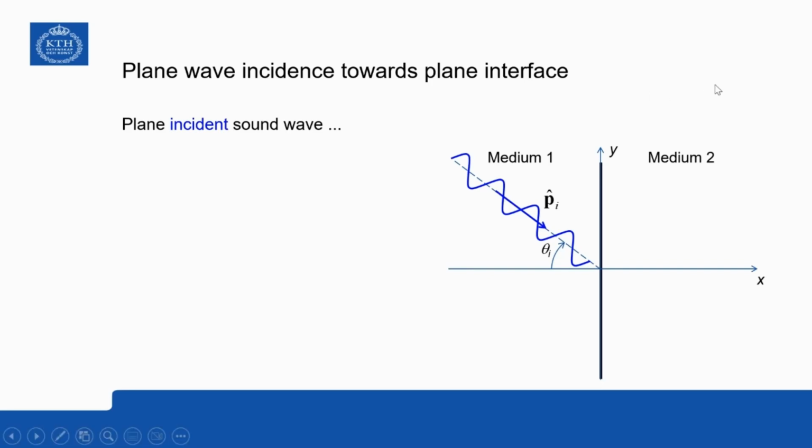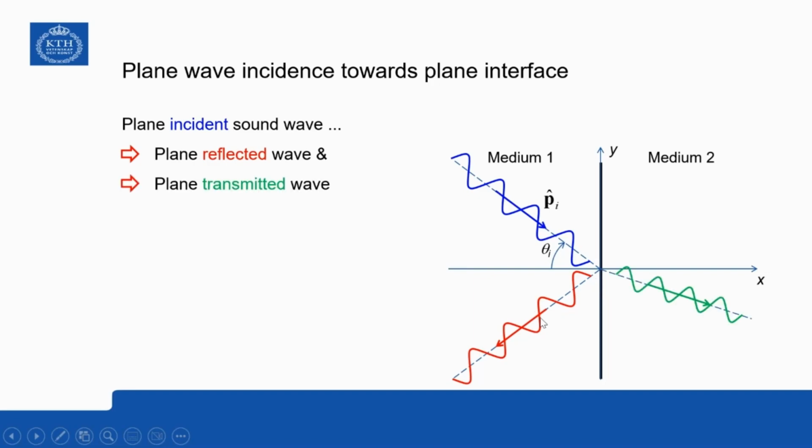And we have an incident plane sound wave here with a propagation angle theta I relative to the x-axis here. And then we have also a plane reflected wave and a plane transmitted wave, or refracted wave, as it's sometimes called.